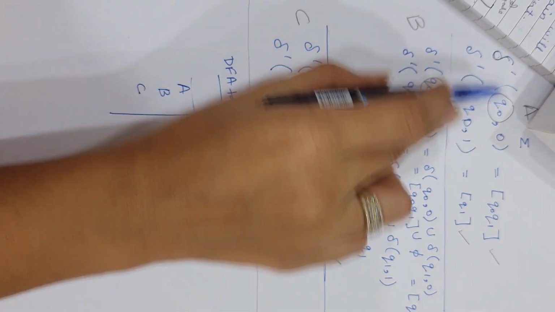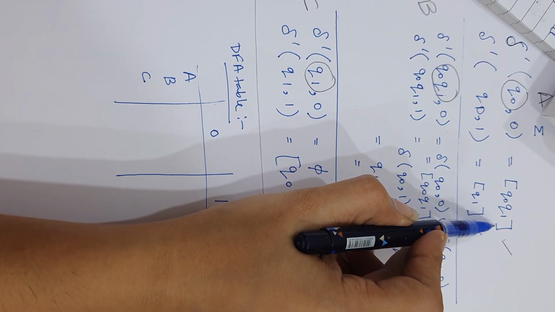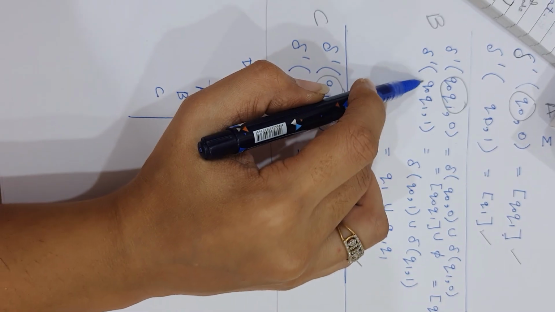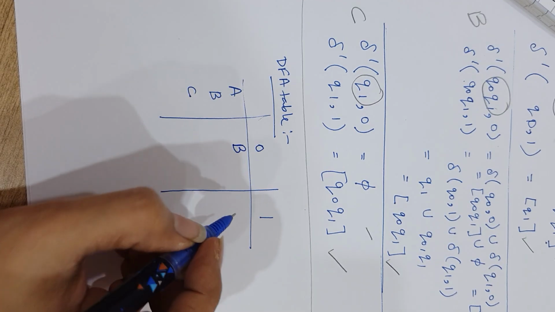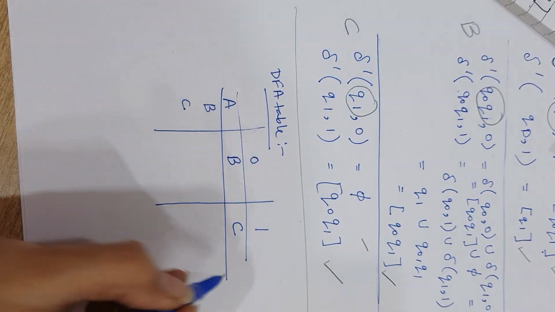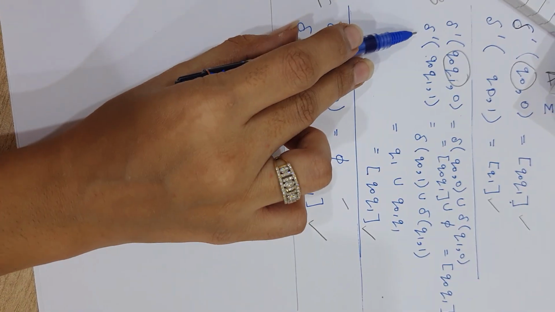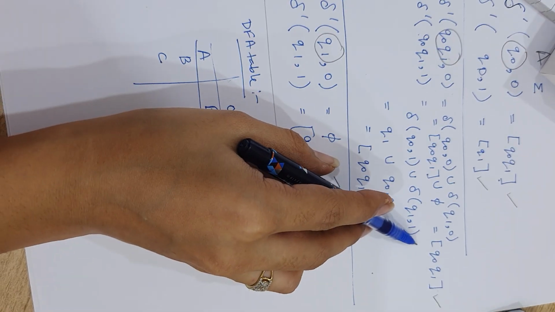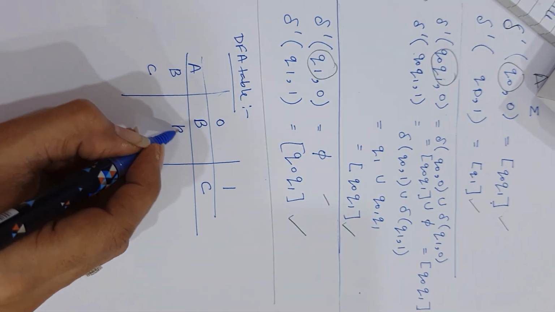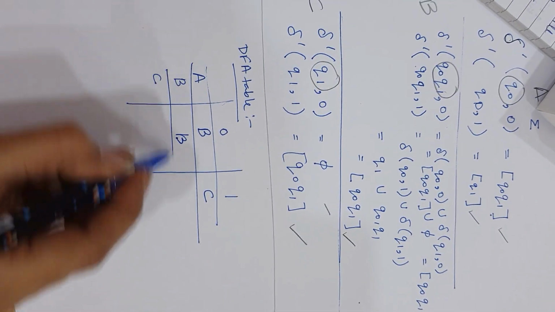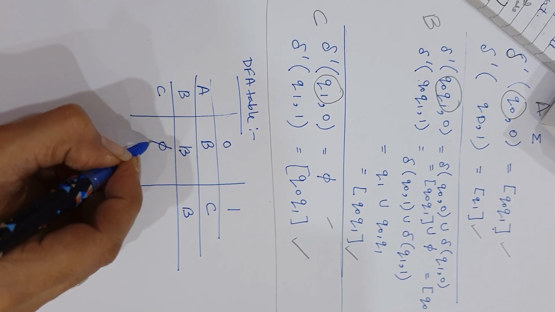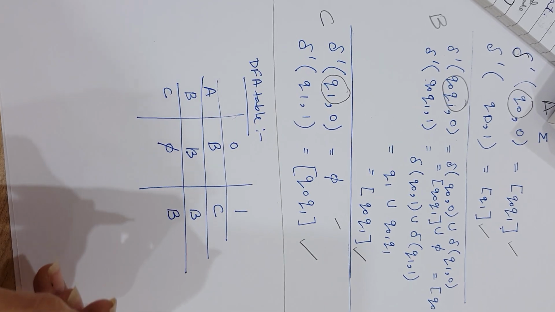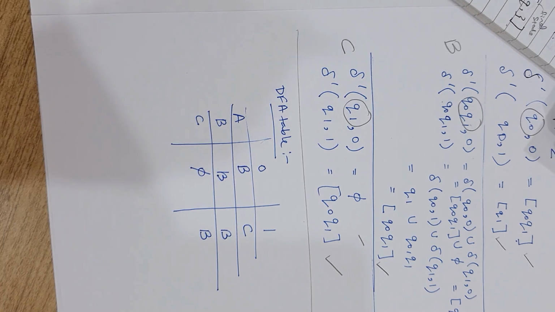A on 0 we are getting Q0 Q1, which we have renamed as B, and this is Q1, which we have renamed as C. Next B on 0 we are getting Q0 Q1, which we have renamed as B, and the next one we are getting is B again. Phi here and B here.